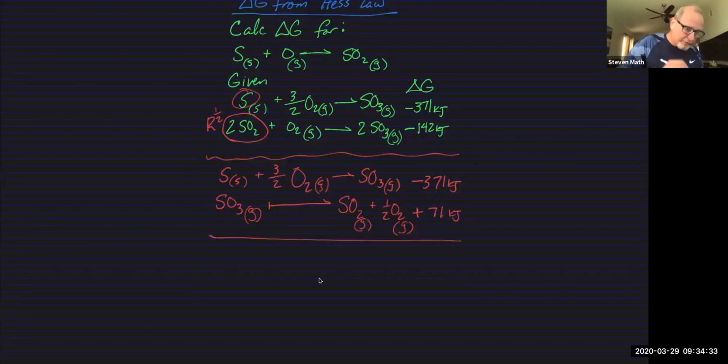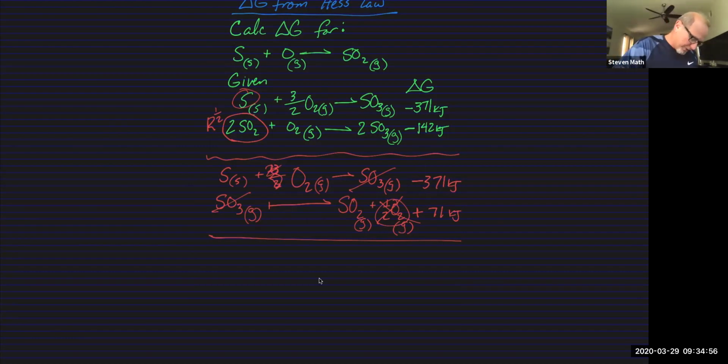Now let's just double check and make sure that our equation is going to add up, because remember, it is a Hess's law problem. SO3 is going to cancel with SO3. And now 1/2 O2 is going to take a half off of that, making 2/2 of O2, that's 1 O2.